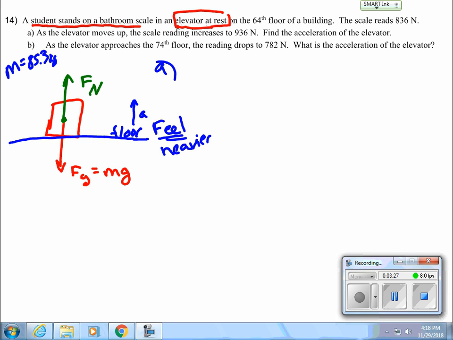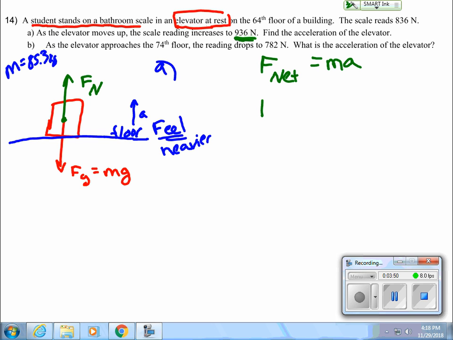But what do we actually know? We look at our information about the sum of the forces, all of your forces up, and we're accelerating upwards. The floor increases, so now we're weighing more. That's how I know I'm going up. What are the two forces acting on my human body?